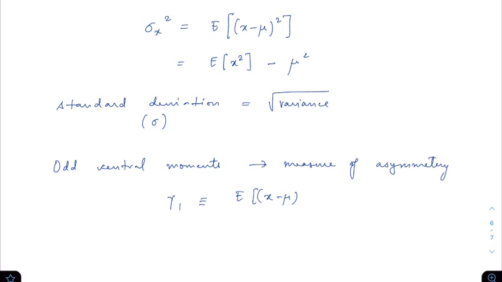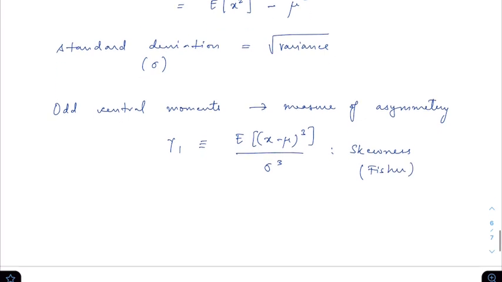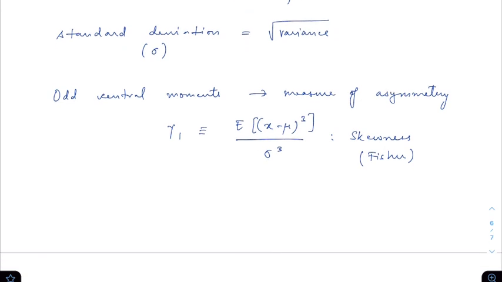Then this gives us a quantity known as skewness. It's the most common definition used. This is also known as the Fisher definition of skewness. It must be mentioned that there are other definitions. For example, there is Pearson skewness, which is just the square of the Fisher skewness.